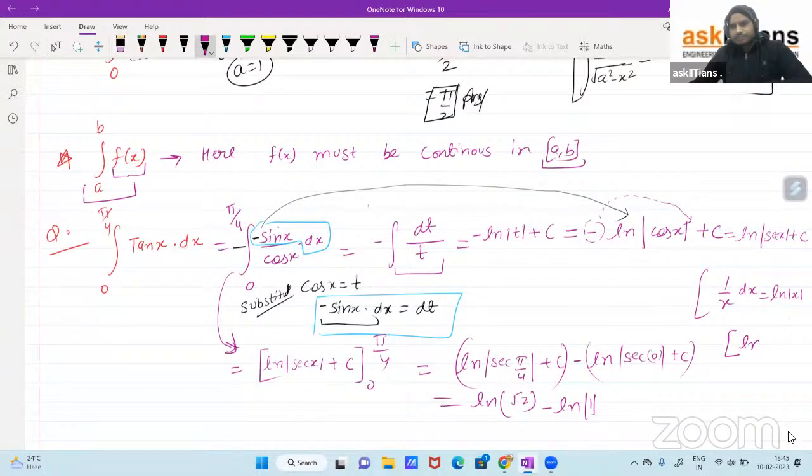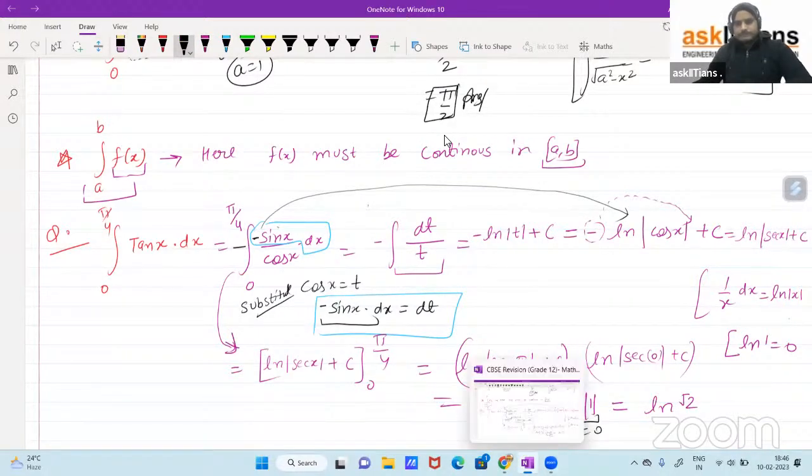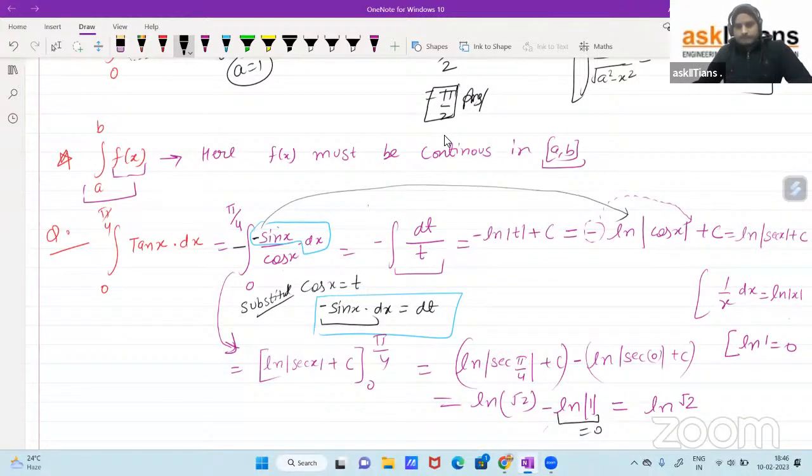So the answer of this will be ln of root 2, because this is 0. And you can also write it as 2 to the power 1 by 2. So 1 by 2 will come out here, and it will be half ln 2. In this way also you can write.